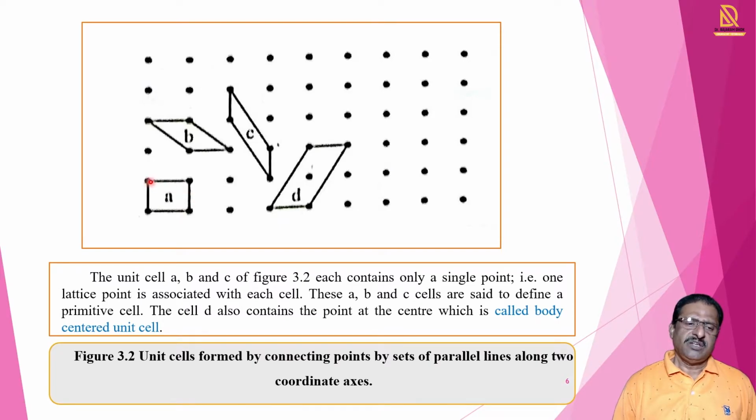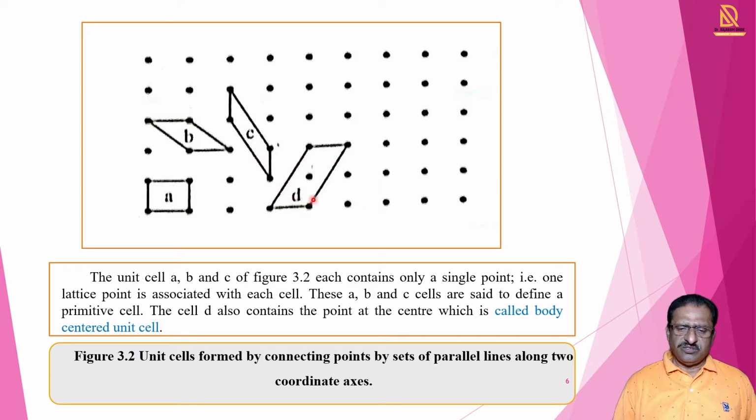Here you see one ion, second ion, third ion, fourth ion attached with each other, and it forms a single point, meaning one lattice point is associated with each shell. In the second also, the directions which attach the points are different, but these four ions are attached at every corner.